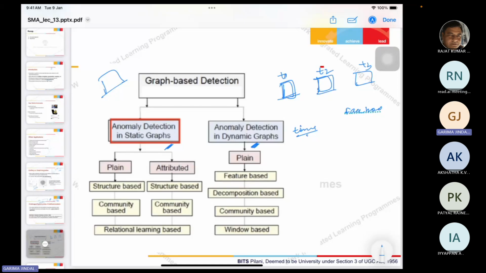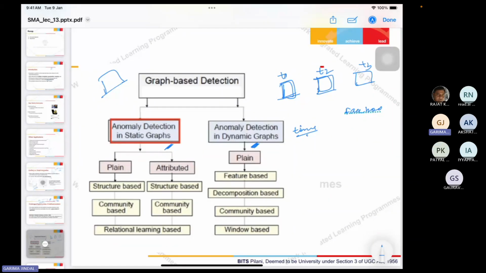In my snapshot of 2005, there might be certain nodes that have been added, certain nodes that have been deleted, new connections that have been formed, and old connections that have been deleted. So we can have these different changes at different times. Whenever we are considering different snapshots at different times, that is called a dynamic graph.